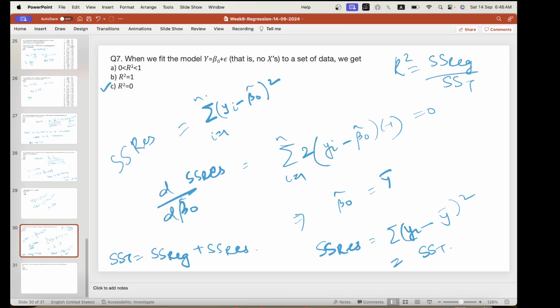Since SS residual is entirely SST, SS regression is 0, and that's why we can say that R square is equal to 0. Is it okay? Then let's move on to the next one.